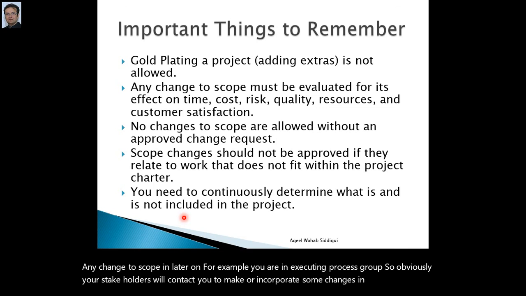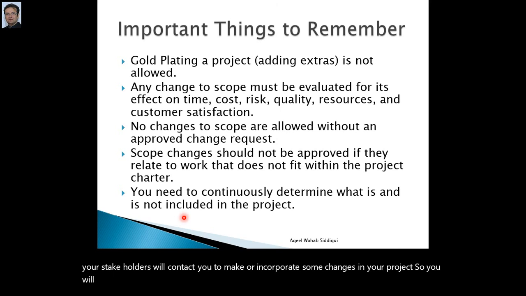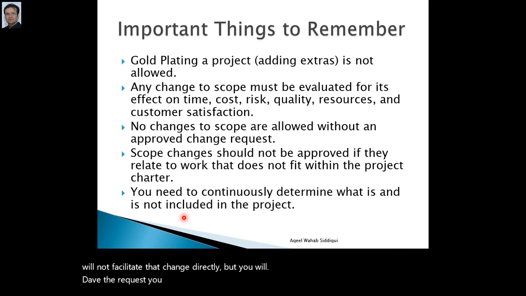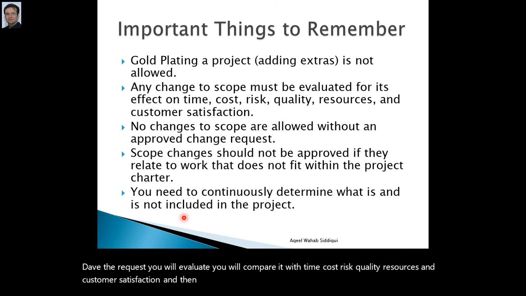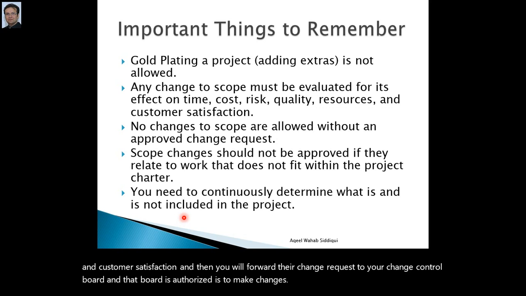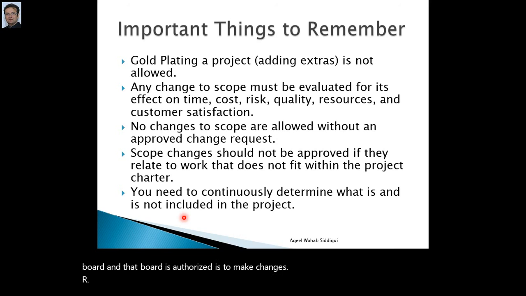You will not facilitate that change directly, but you will take the request, evaluate it, compare it with time, cost, risk, quality, resources and customer satisfaction, and then forward that change request to your change control board, which is authorized to approve or reject changes. So no changes to scope are allowed without an approved change request.